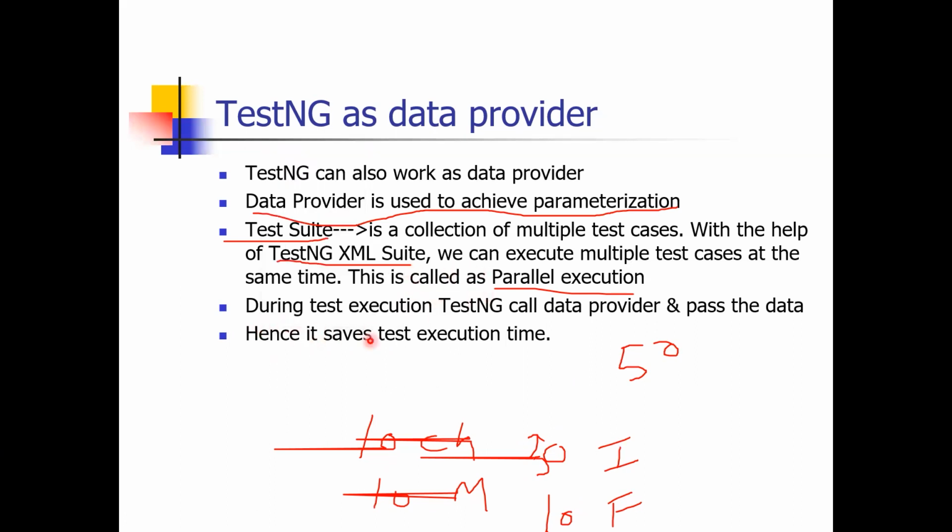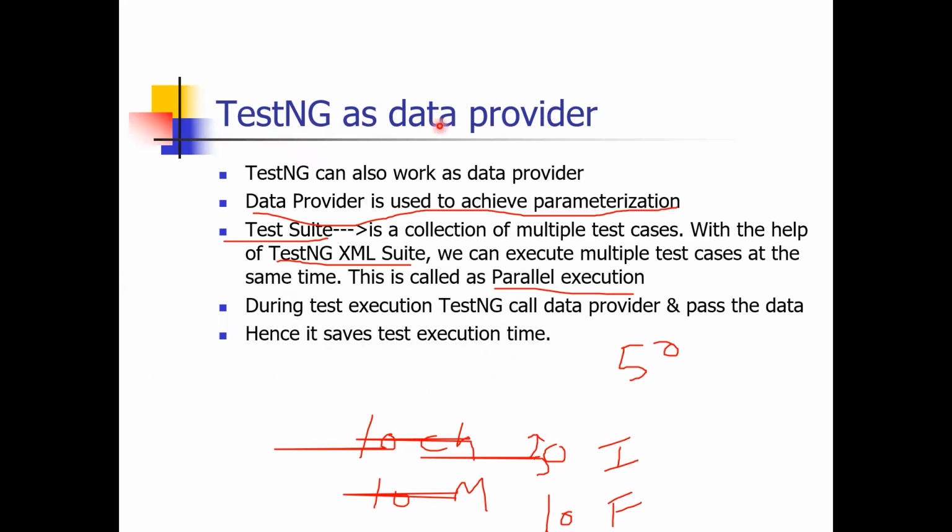So during test execution, TestNG calls the data provider and passes the data. Just like in DDF, where we have to use the data from the Excel file, which takes some time. But if TestNG calls the data provider, and the data provider is in the TestNG program itself, then it is easy to pass the data and it saves test execution time.